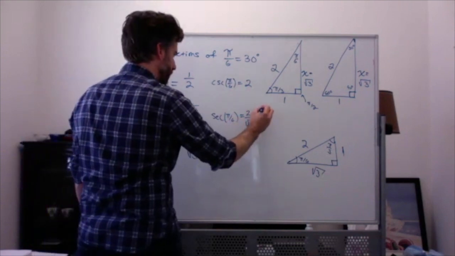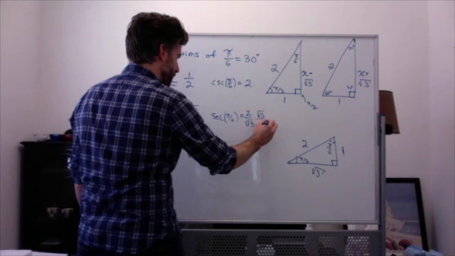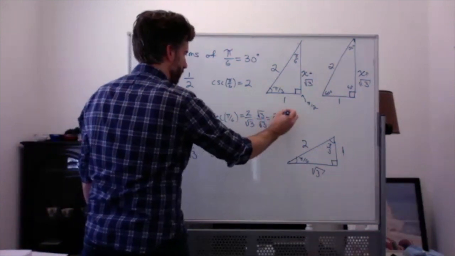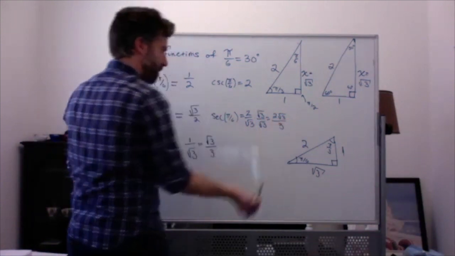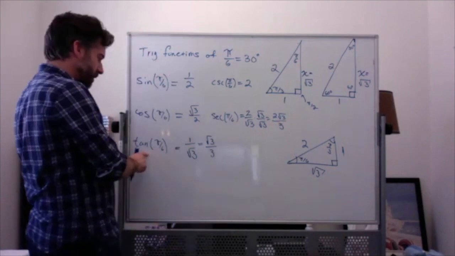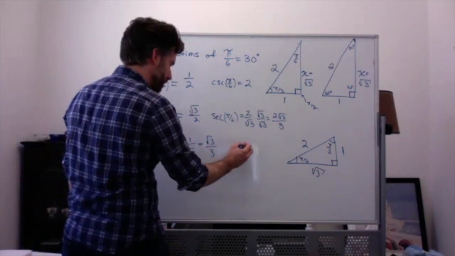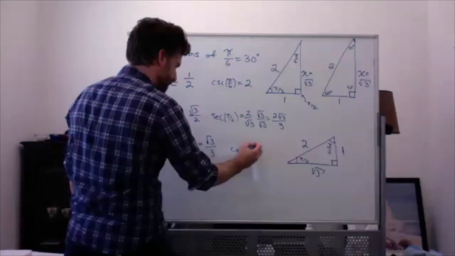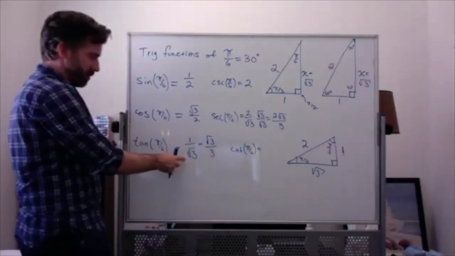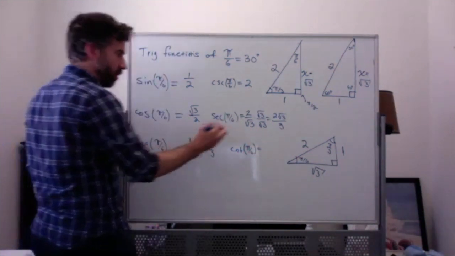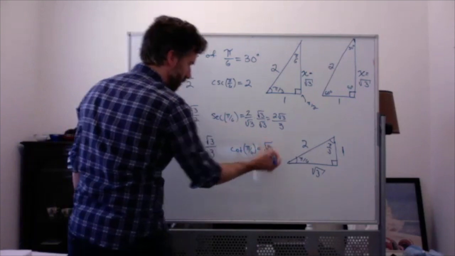If we multiply by root 3 over root 3, we get 2 root 3 over 3. Lastly, cotangent of pi over 6 is equal to the reciprocal of tangent, so it's root 3 over 1, which is just root 3.